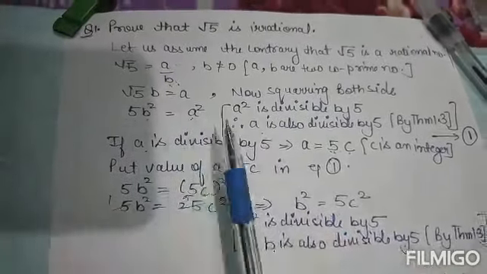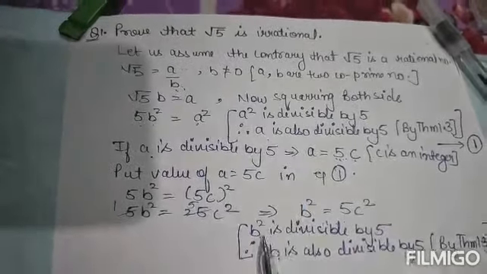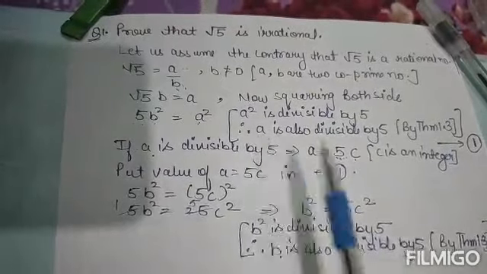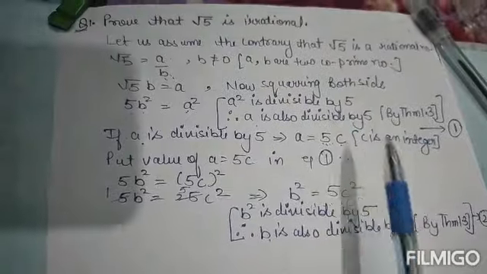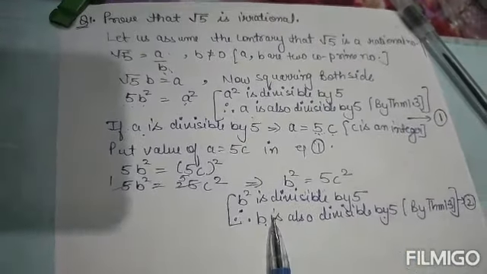अगर 5 a और b दोनों को डिवाइड कर रहा है, इसका मतलब 5 इसके मल्टीपल में भी आएगा, 5 b के मल्टीपल में भी आएगा. That means 5 is common in both a and b.